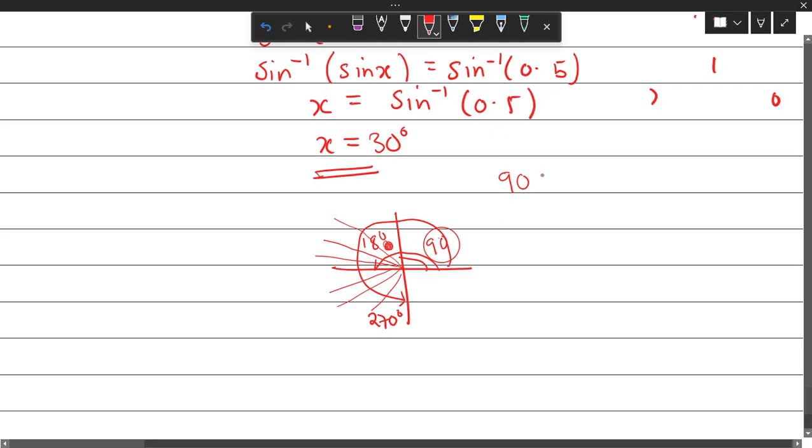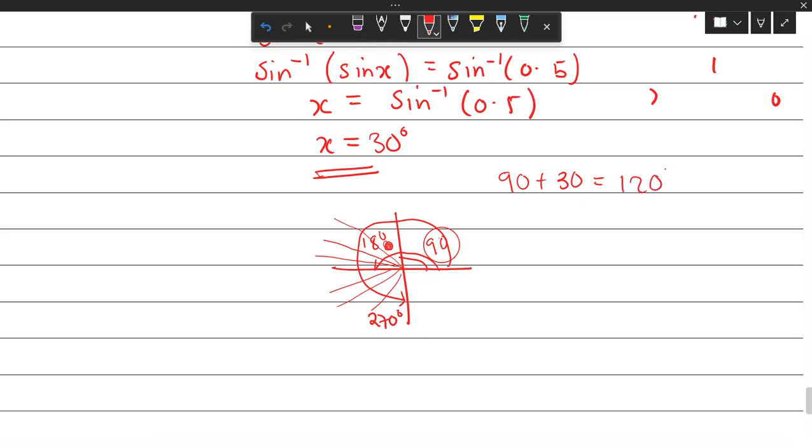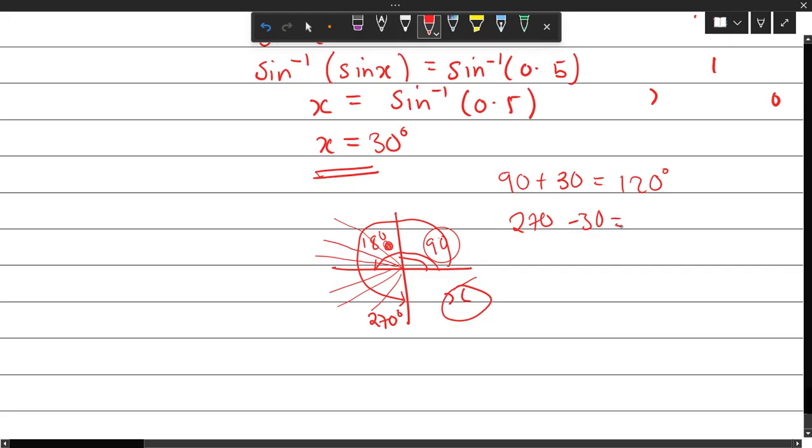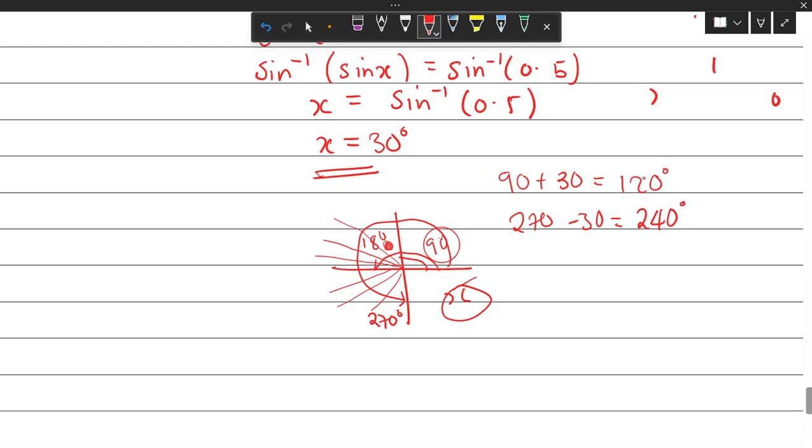You can say 90 plus 30, the answer you've calculated, so this will be 120 degrees. Or you get the upper limit, which is 270. So 270 we can't add, because if we add, we'll go into this region. So we say 270 minus 30, which is 240. So meaning our angle x can be 120 or 240.